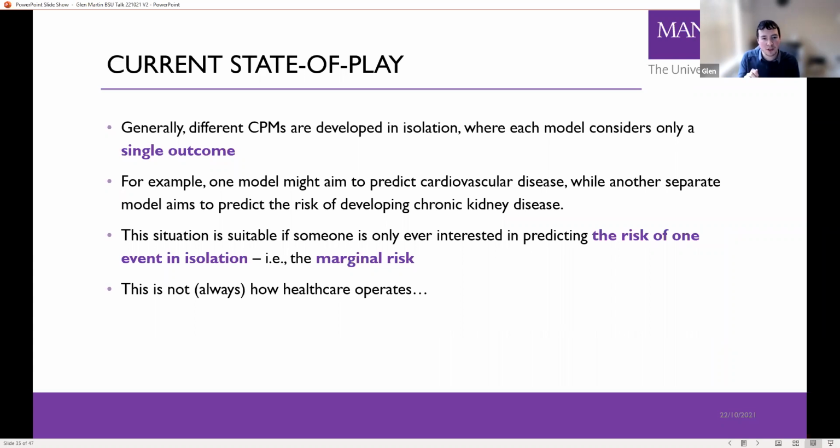But if we think about how healthcare operates, there's a slight disconnect between what clinical teams are interested in, which is a holistic view of somebody's health or likely prognosis, and that marginal risk.